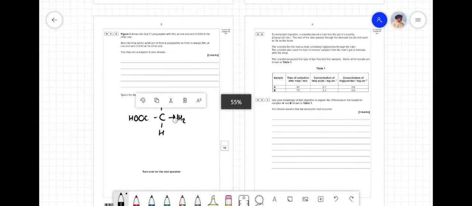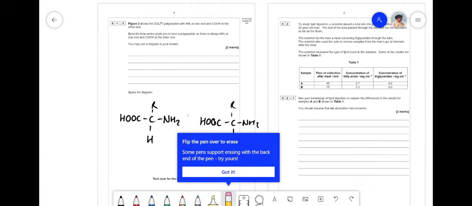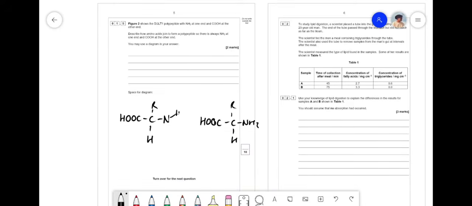So I've made this diagram a bit too big, haven't I? HOOC, C, NH2, R, H, then HOOC, C, NH2, H, R. So what comes out of this is, I'm actually going to redraw this slightly differently, is that.